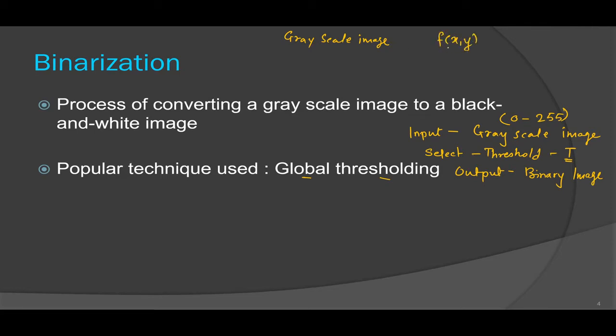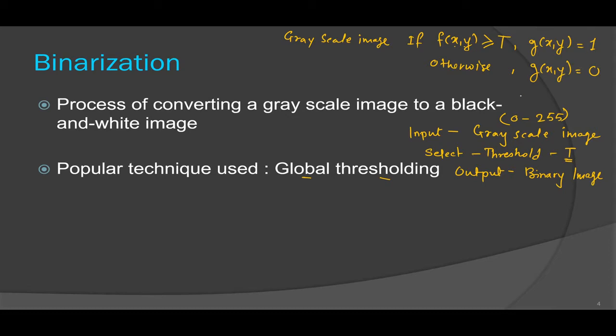This is the intensity at the location (x, y). If f(x, y) is greater than or equal to threshold T, then the output g(x, y) would be equal to 1, that is white. Otherwise, we put the output value for that pixel as 0. So we are converting the grayscale image into the binary form.